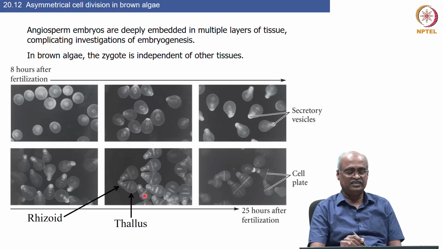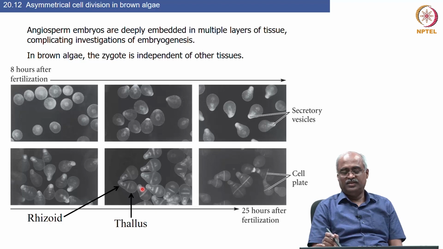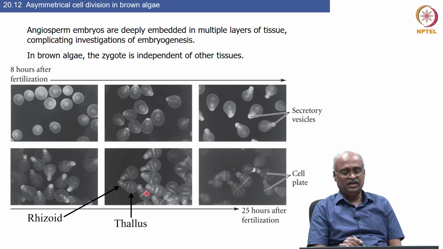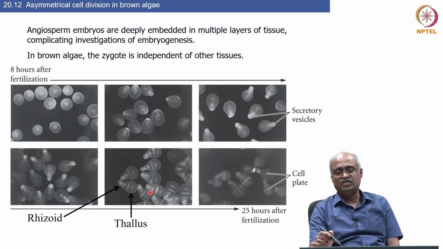You can see here the cell plate forming, and that is how the asymmetry is established. So in summary, the sperm entry site marks the place where the rhizoid is going to form, and then you have an asymmetric movement of the secretory vesicles towards the rhizoid, and there they deposit the specific cell wall components that distinguish the root from the shoot.